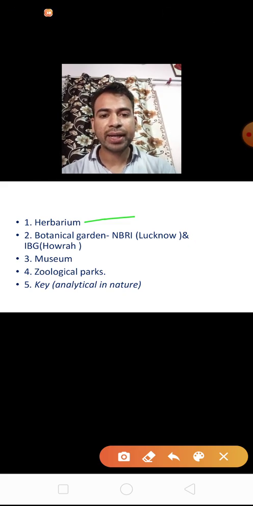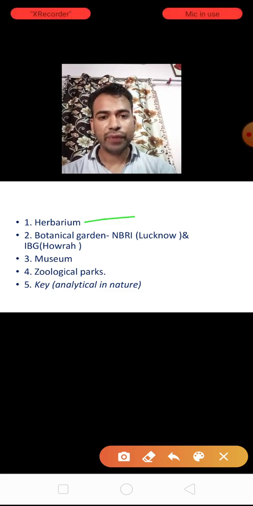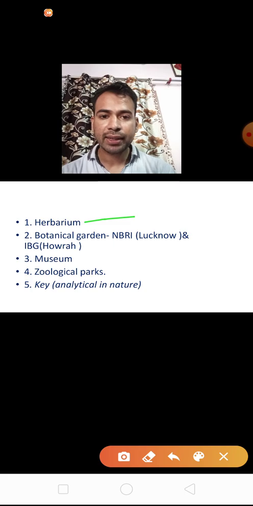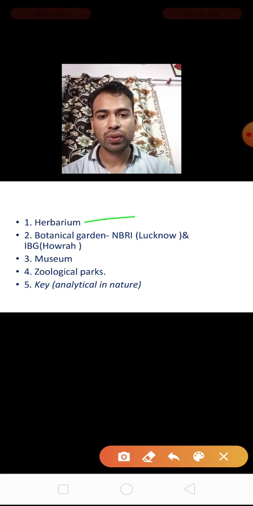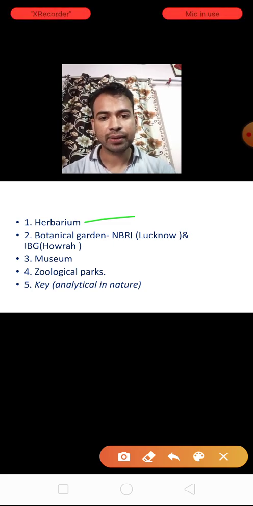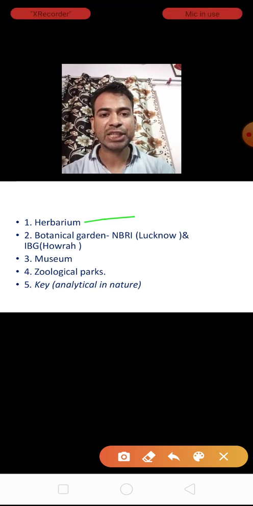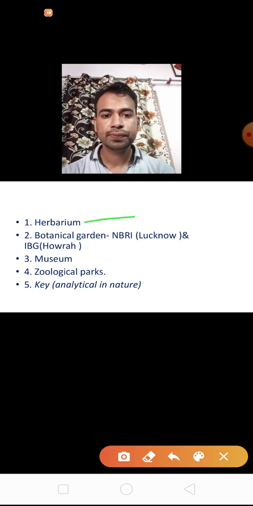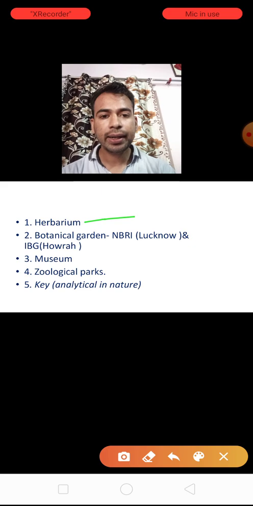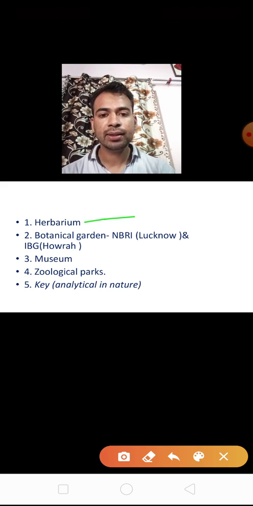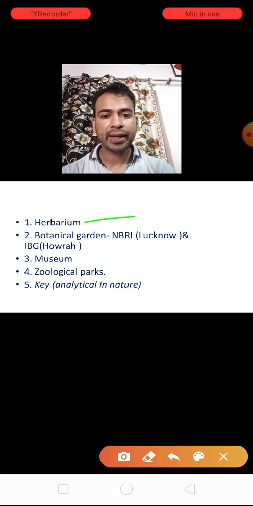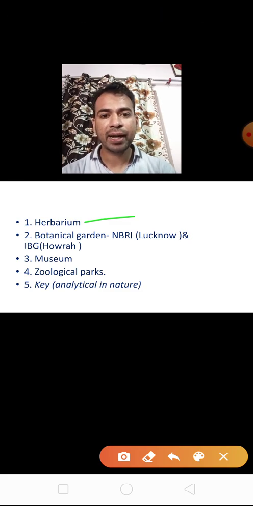Next, that is botanical garden. A botanical garden is where living plant species are grown. Very famous ones are the National Botanical Research Institute in Lucknow and the Indian Botanical Garden in Howrah.